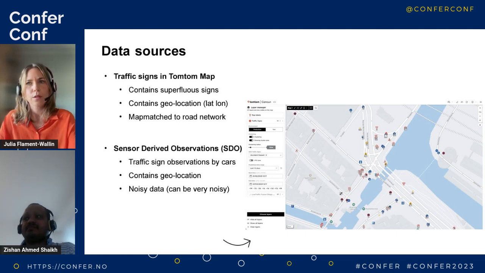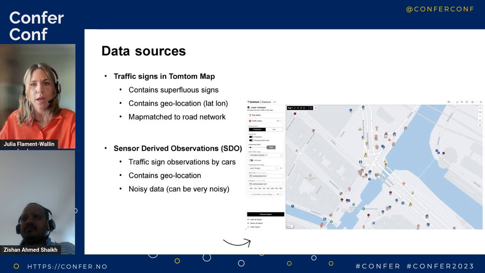I'm not going to go into detail about the process of map matching, but again, in very simplified terms, a feature such as a sign is map matched to, in this case, the road network, so we know exactly what road the sign belongs to. And sometimes this is very straightforward. Sometimes in cities or in large junctions where there are many roads and many directions and many different signs, it's more complicated.